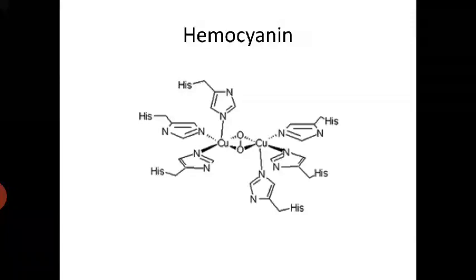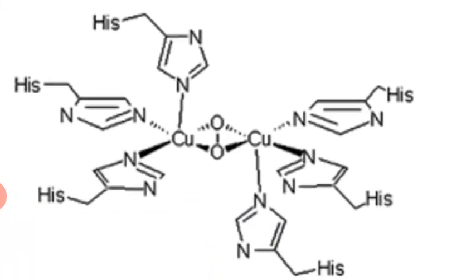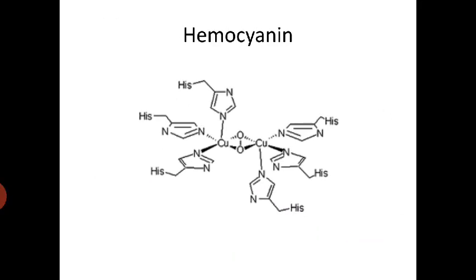The molecular weight of this respiratory pigment varies from 4 lakhs to 90 lakhs. The central metal atom present in hemocyanin is copper, and 2 copper atoms are required to carry 1 oxygen molecule. In this picture you can see 2 copper atoms binding 1 oxygen molecule.